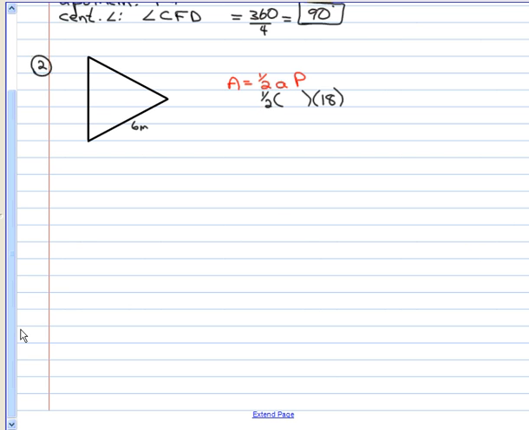Now I just need to get my apothem. So we will pick a center and draw down, make ourselves a nice apothem. And then you want to draw a triangle out of it and figure out some angle. I think I can figure out that angle.